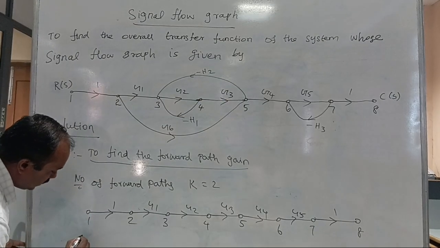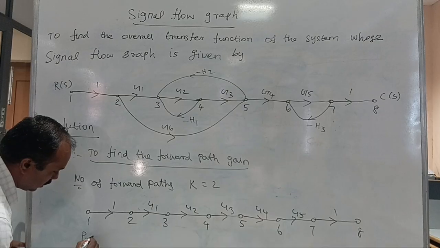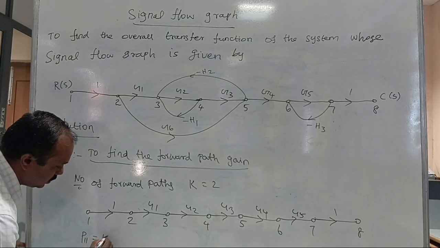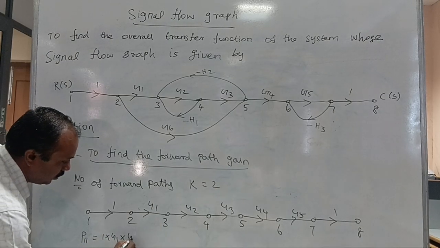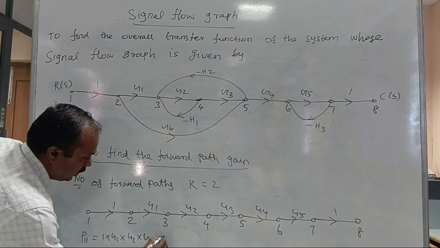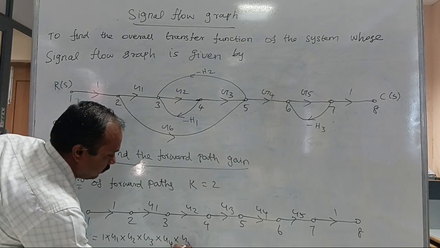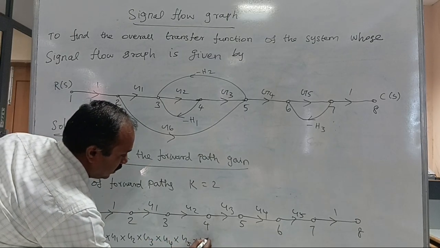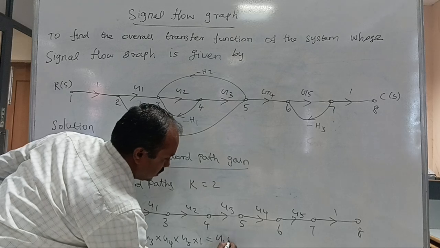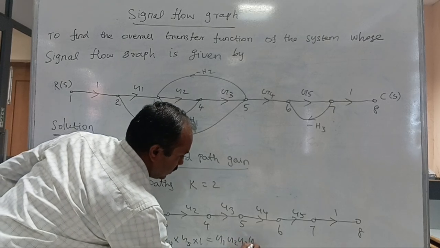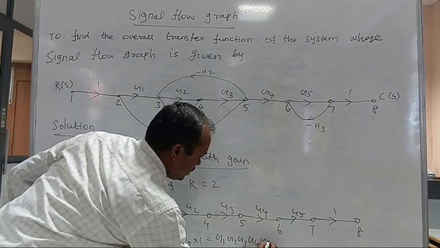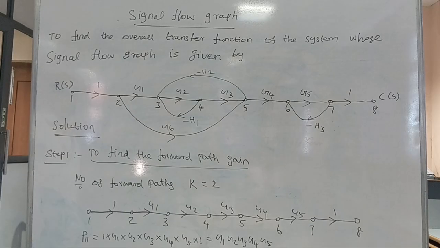The forward path gain P11 is 1 into G1 into G2 into G3 into G4 into G5 into 1, that is G1 G2 G3 G4 G5. That is forward path 1.